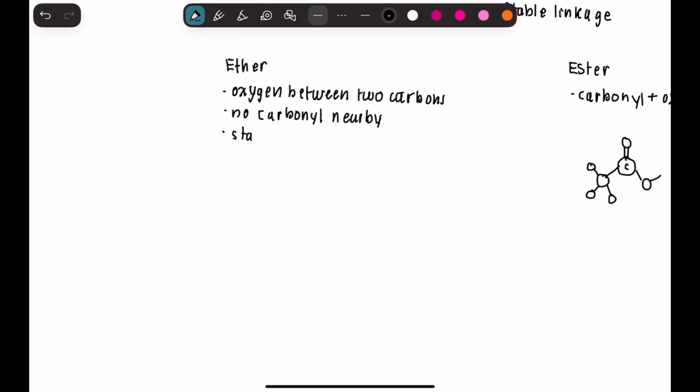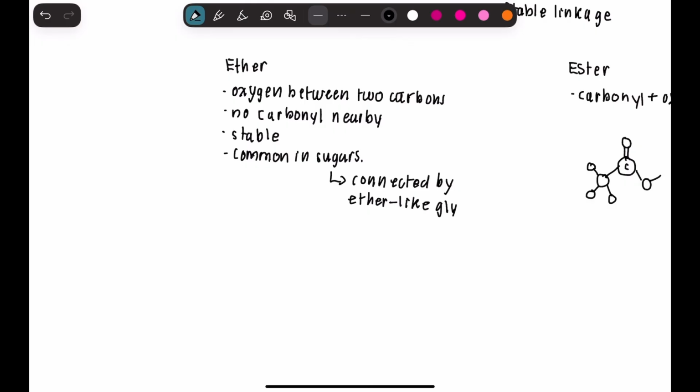So this means that it's stable, and it's also going to be common in sugars. And also these sugars are usually going to be connected by glycosidic bonds. Now, after this, we can draw some places where we can identify some ethers.